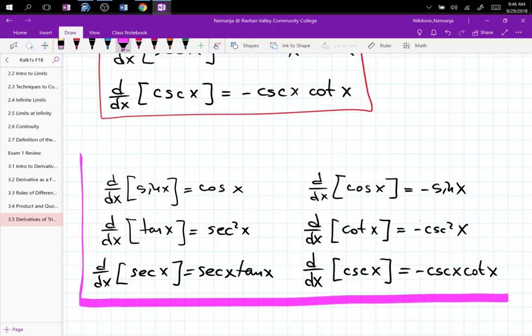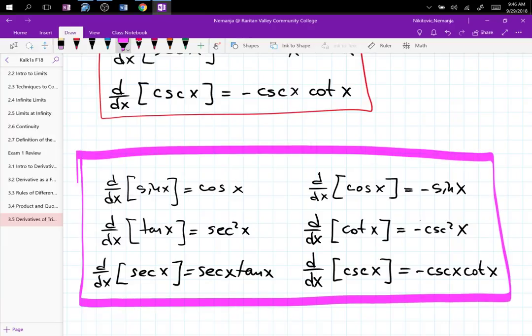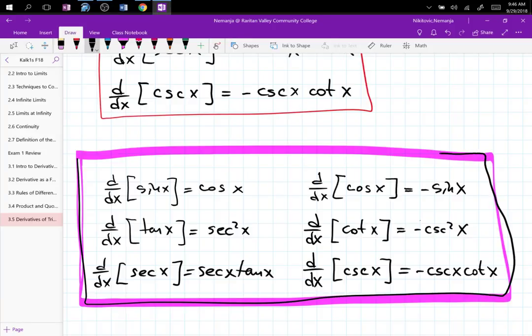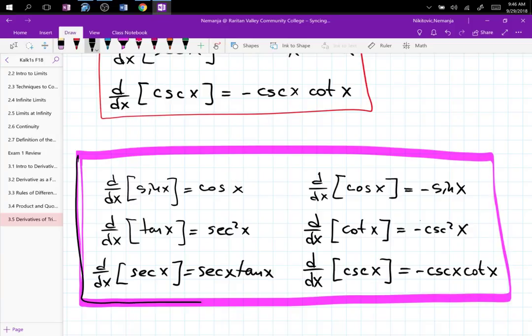So these are the formulas. I put the frame around it. I hate this frame, I gotta fix this. And here are all the 6.